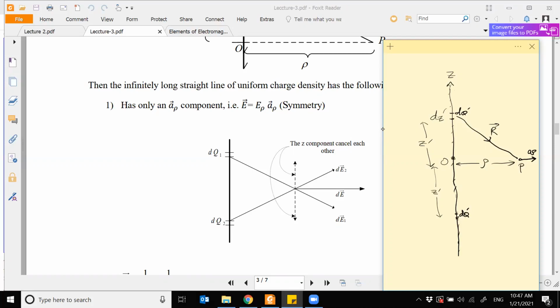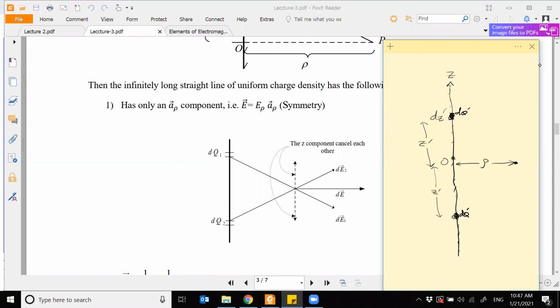Let's not now forget that this is a line. Let's just think that it's a charge here and a charge here, and we want to see what will be the electric field of these charges at this point.